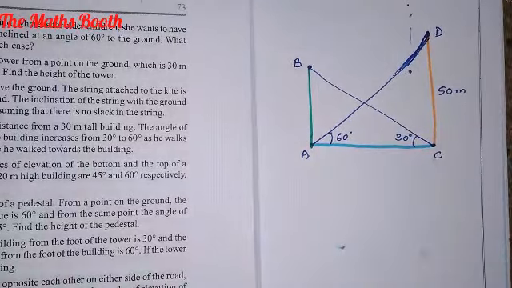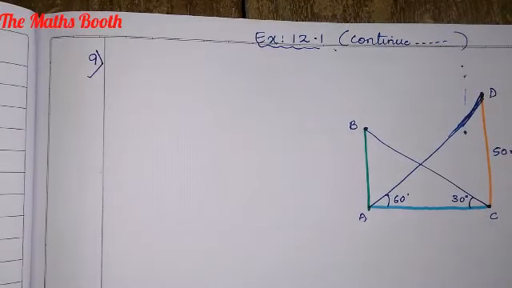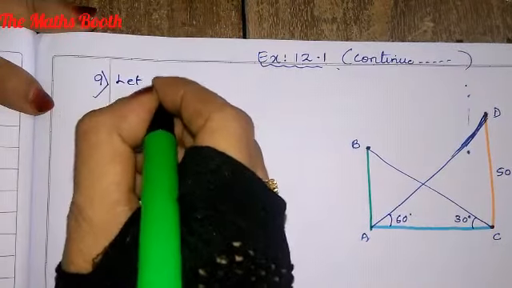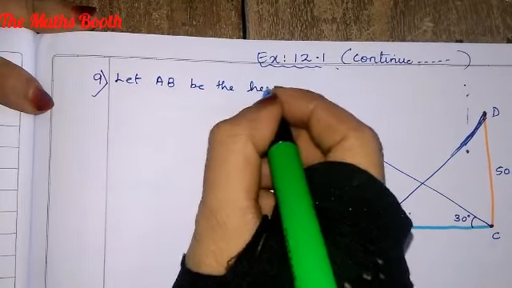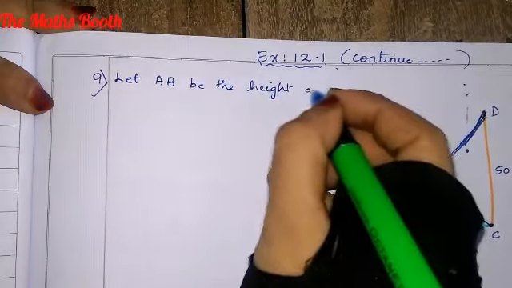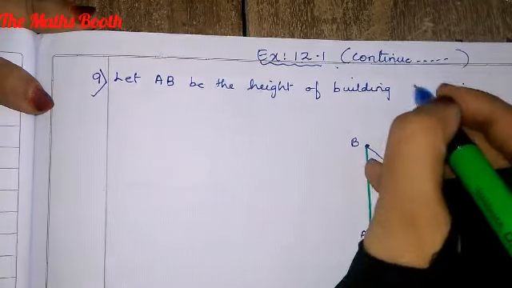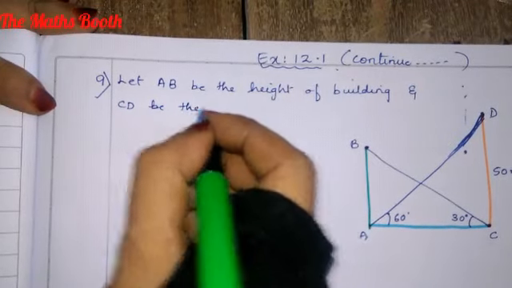Okay, let us start now. Let AB be the height of the building and CD be the tower.